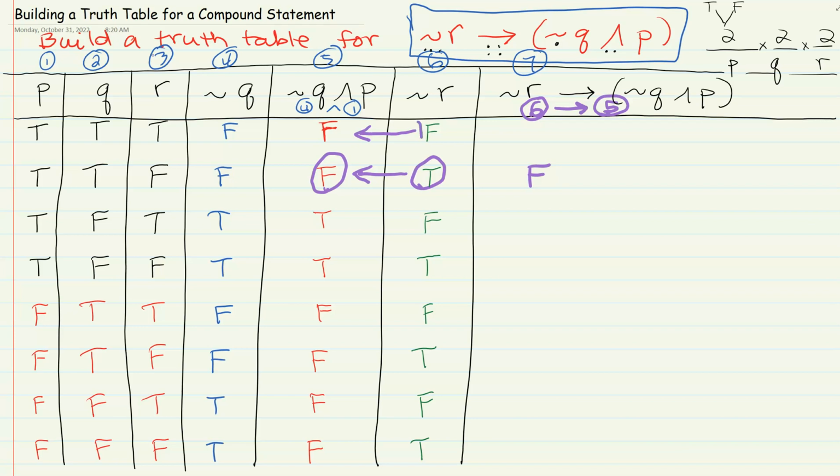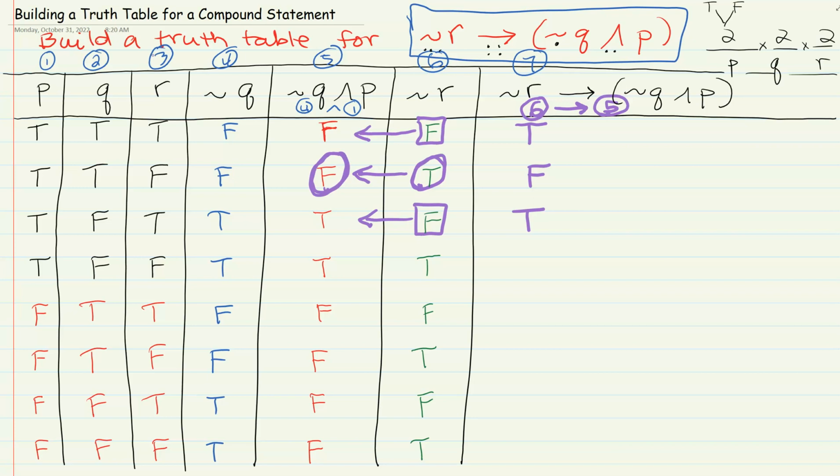If the hypothesis is false, it doesn't matter what the conclusion is. The if-then statement is still true. So as soon as you see false to start your arrow, it doesn't matter what the other side is, you will go ahead and mark true, because the conditional statement said if this thing happened, then something else happened. If this thing happened and the second part didn't happen, then your conditional statement is false.